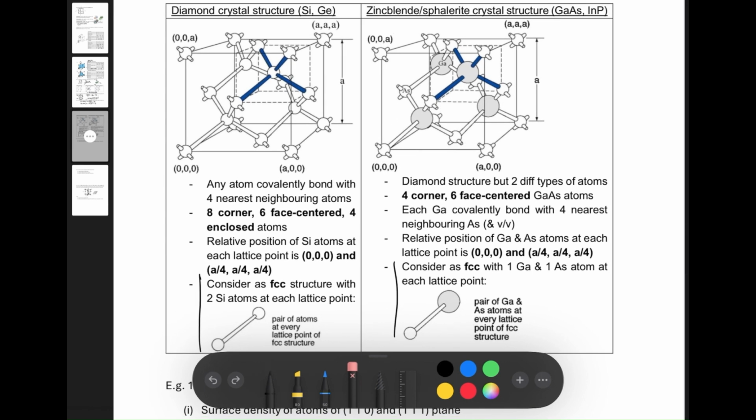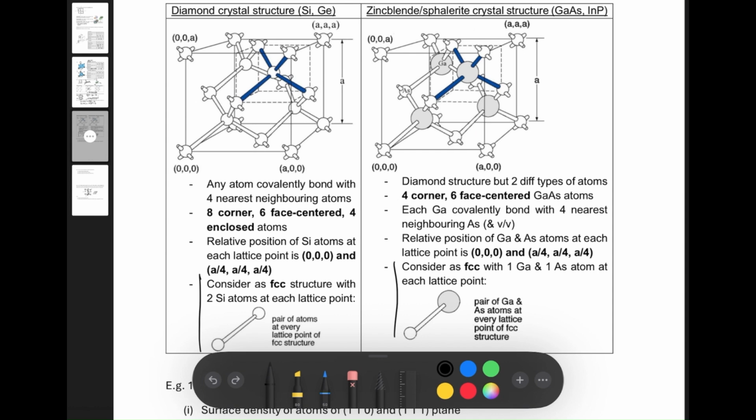And it's the same thing for silicon. Because silicon is a single-element semiconductor, there's a pair of silicon atoms at every lattice point, and this one is bonded with another atom in another unit cell.